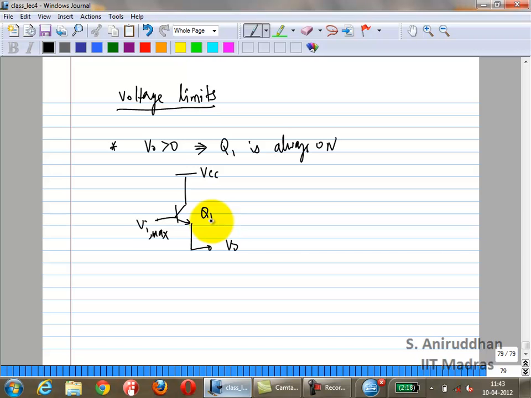What happens to Vo first of all? Definitely Vo will also follow it, right? Hopefully linearly. Okay, then what happens? How high can you take it? VCC minus VBE, base what?